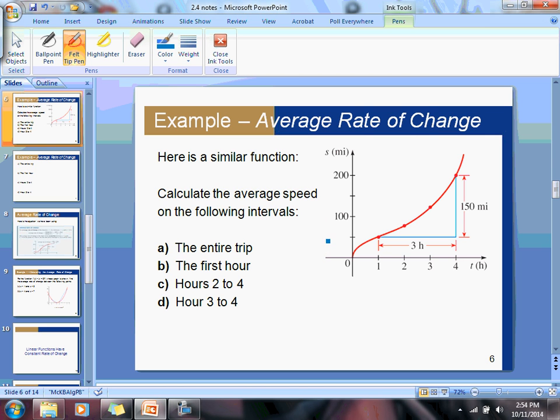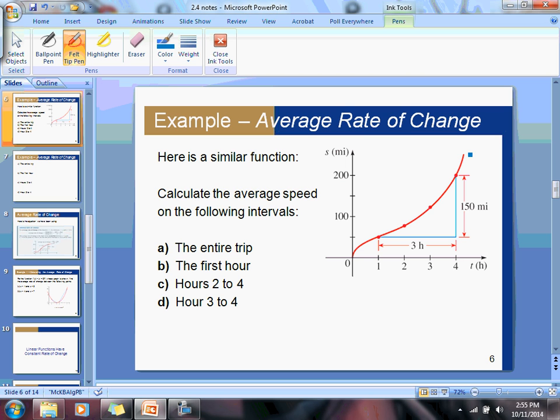And on our y-axis we have our miles that we've gone, our distance. You can see that this isn't a constant function or a straight line. It's got this curve in it. So that means we start off slow and then we increase gradually as time goes by as we get to our distance by the end of our trip.